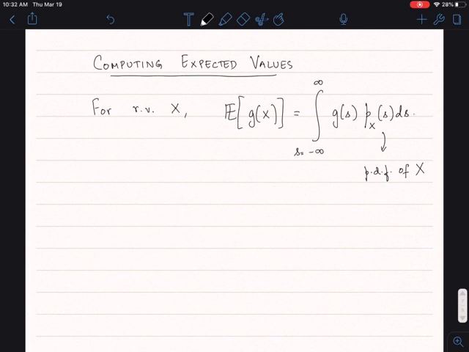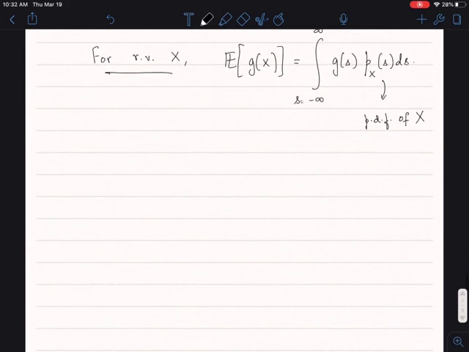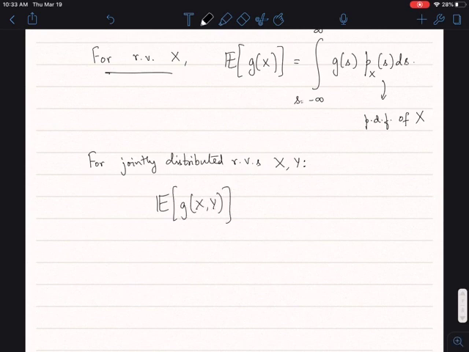So this was true for a single random variable x. Now it turns out a very analogous formula holds for jointly distributed random variables x and y. We have the expected value of a function g now of x, y.